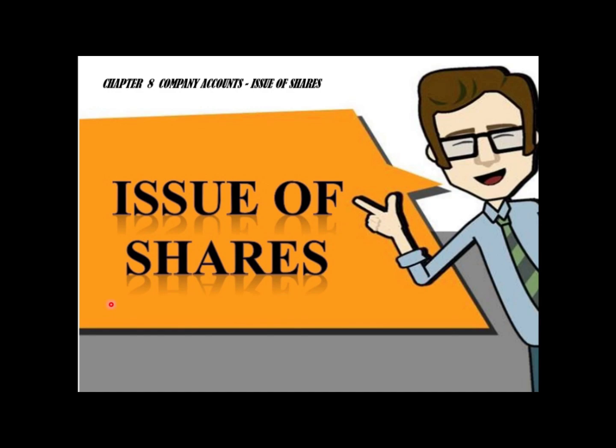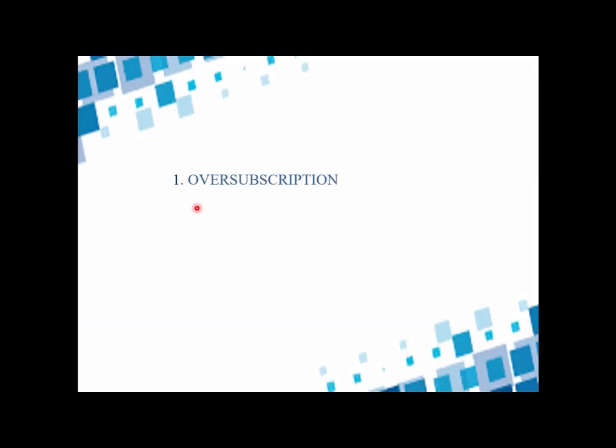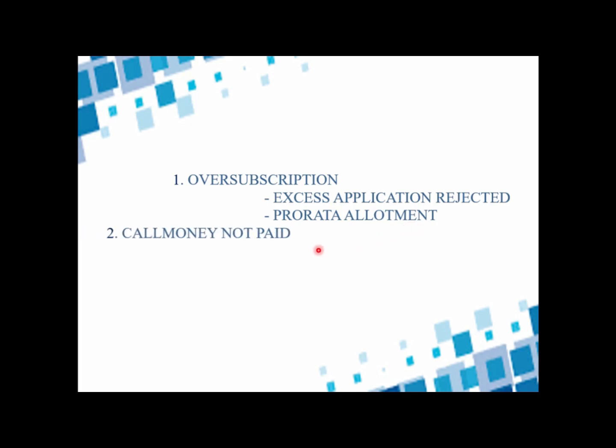Students, you have learned the basic entries relating to issue of shares. Today, we are going to learn the same entries with different possibilities involved in issue of share topic, such as oversubscription. In oversubscription, we have excess application rejected and pro rata allotment. Second, call money not paid.